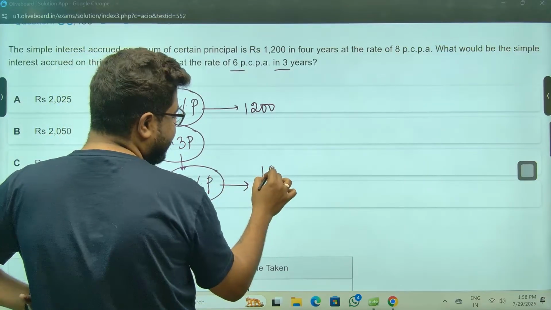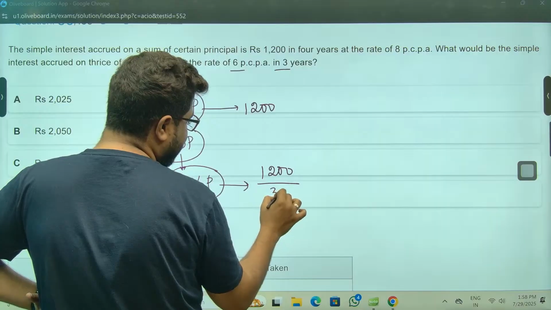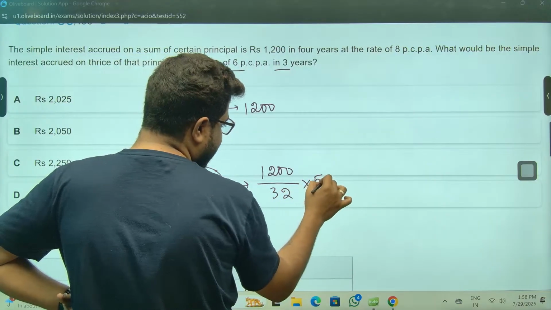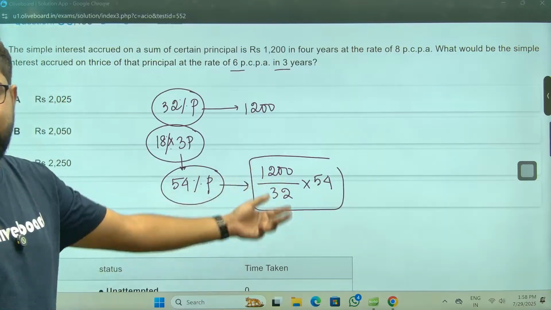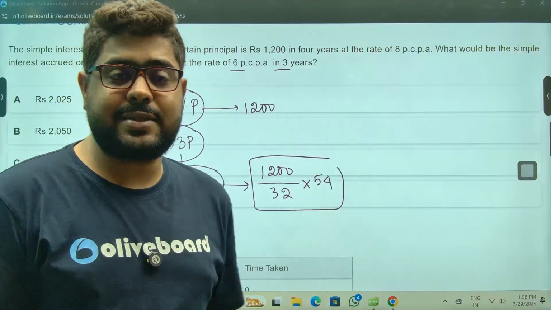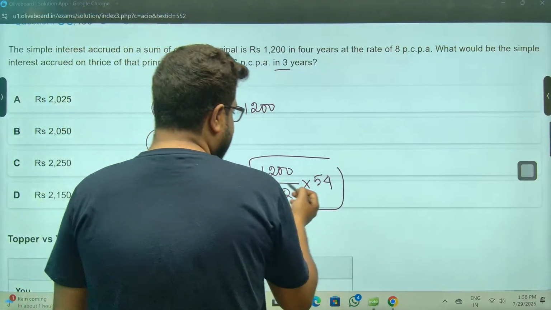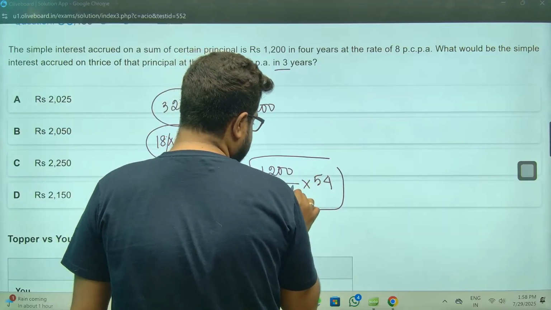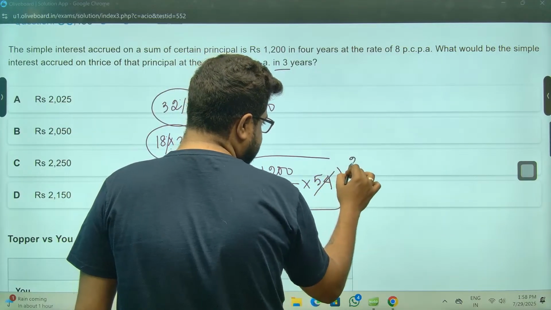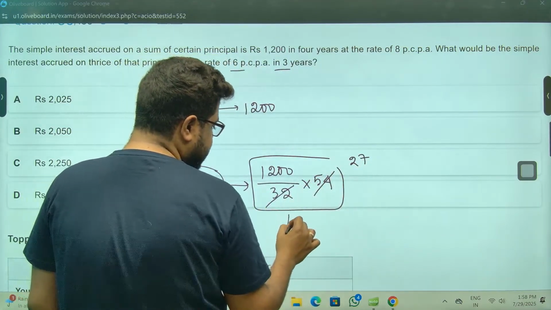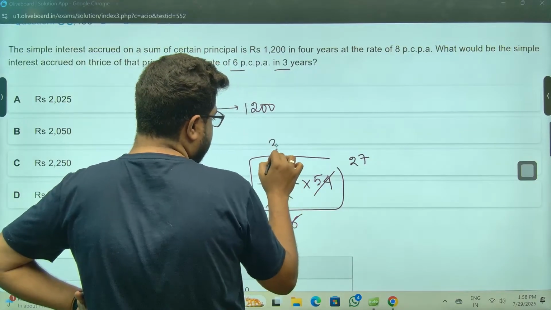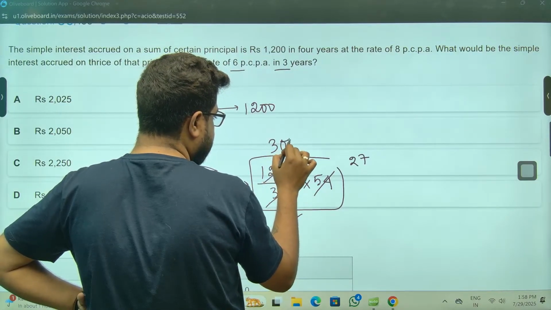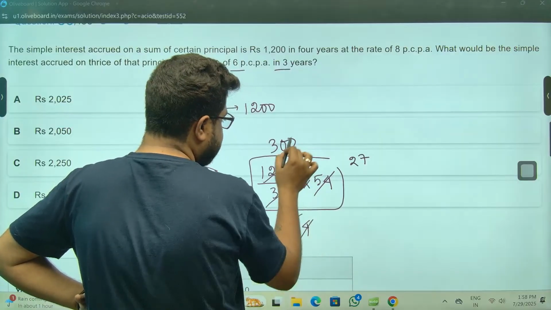So it's simple. 1200 by 32 into 54. Look, nothing can be easier. 32P is this, 54P is how much? Percentage cancels. So, can you calculate? 4 into 8 is 32, sir, 27 and 2, meaning 16. 4 threes are 12, 300. 4 will go into 300 in 3 s, sir.